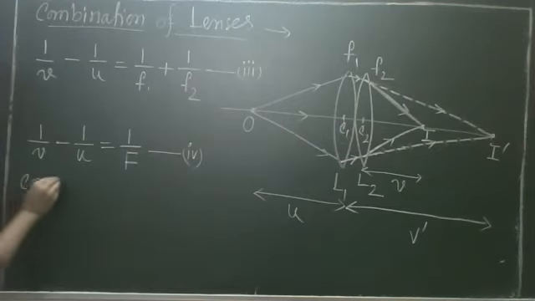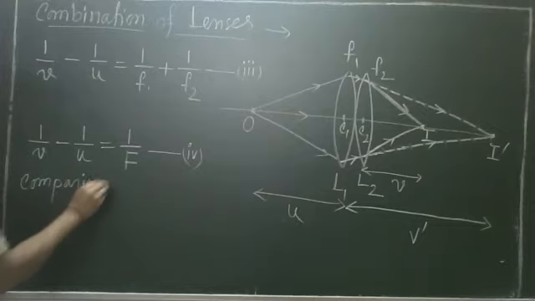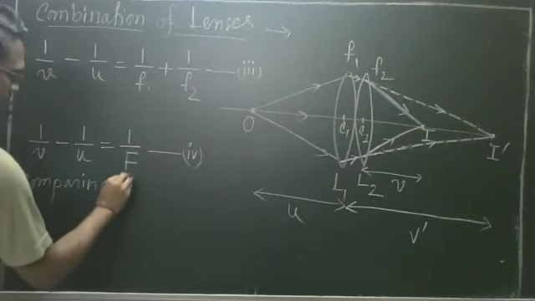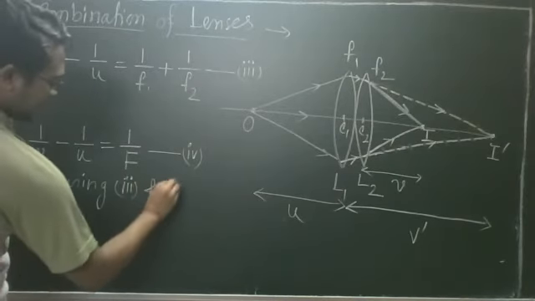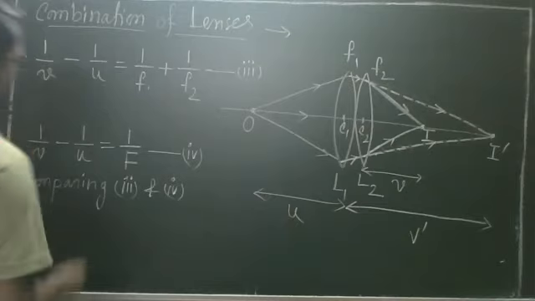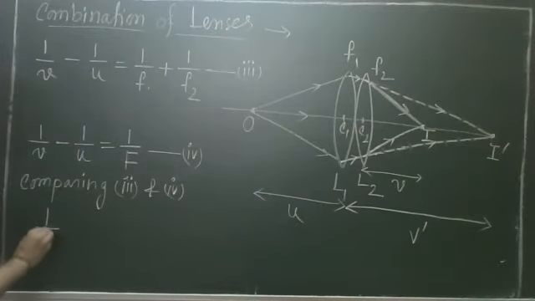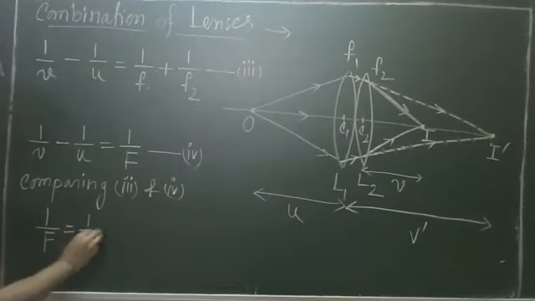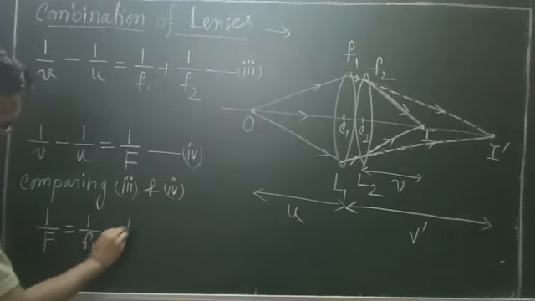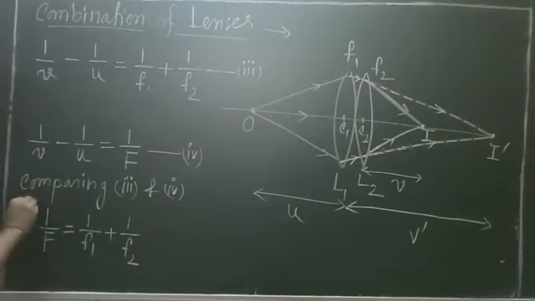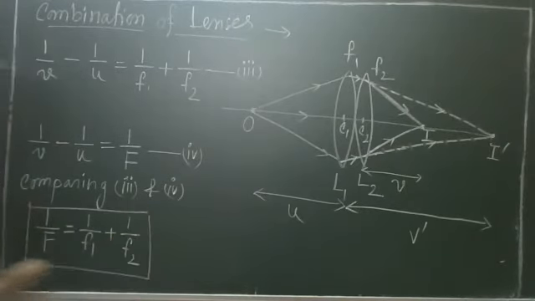Comparing 3 and 4, the left sides are equal, so the right sides should be equal. So 1 by F equals 1 by f1 plus 1 by f2. This is the derivation.